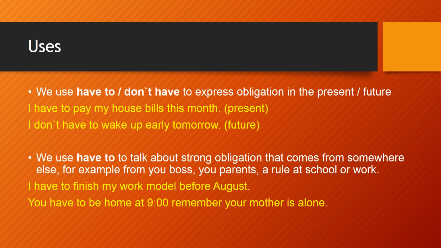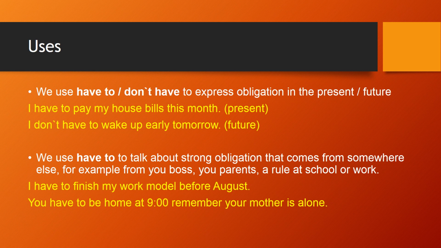And we're going to start with the uses. It has four uses. The first one, we use have to, don't have to express obligation in the present or in the future. Example, I have to pay my house bills this month. That sentence is on present.